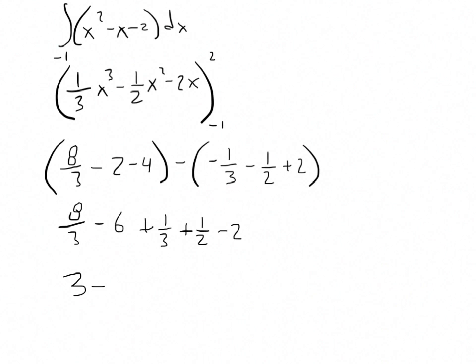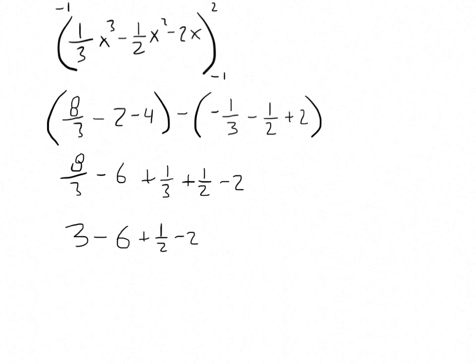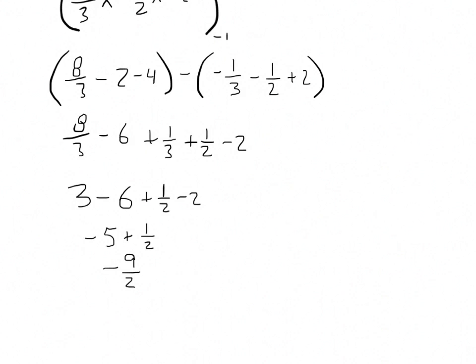So I've got 3 minus 6 plus 1/2 minus 2. That's -5 plus 1/2, so I'm looking at -9/2. And again, we expected that. We expected to get a negative number. And so when I make that positive to account for the area, I'm getting 9/2 for that region.